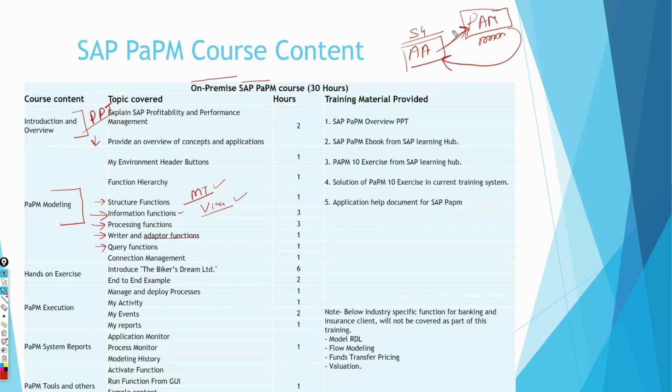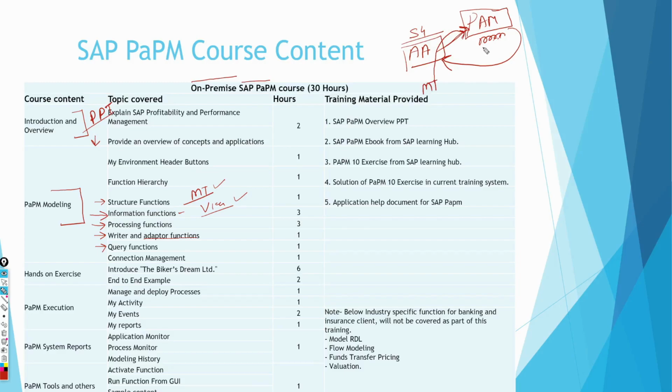To do this complete exercise, like getting the data from ACDoc, then allocating within PAPM and posting back, we will be interconnecting those different functions in such a way that the business requirement is completed. So in this example, I will select, let's say, model table that will bring data into PAPM.